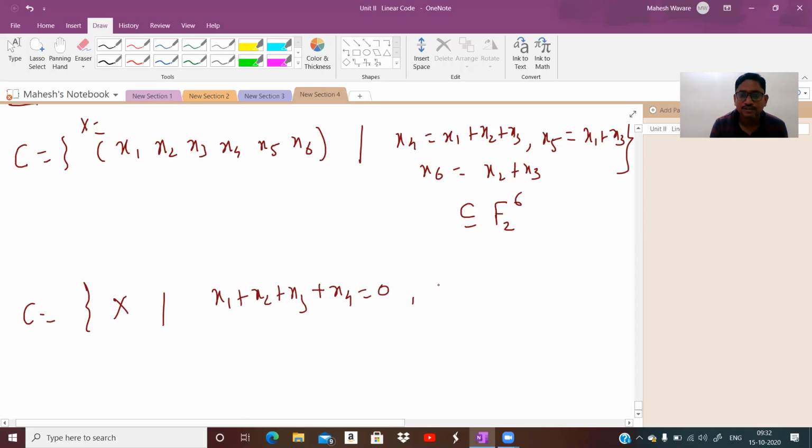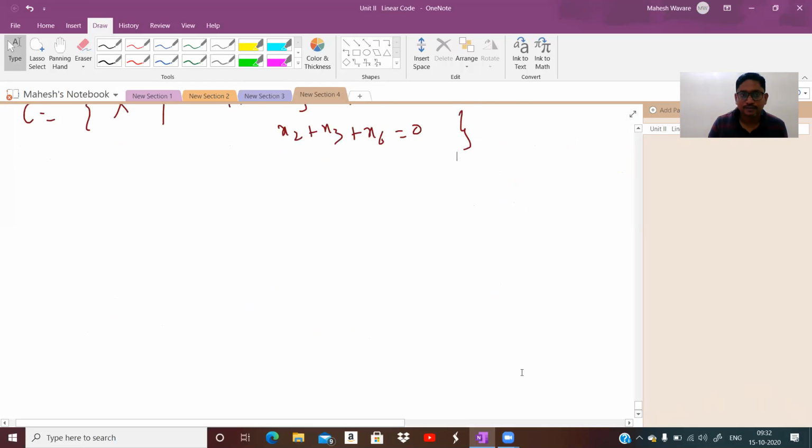Next homogeneous equation, x1 plus x3 minus x5 equal to 0. And the last homogeneous equation, x2 plus x3 plus x6 equal to 0. So it is solution space, it is null space actually, and it is obviously a subspace, but that you need to verify.